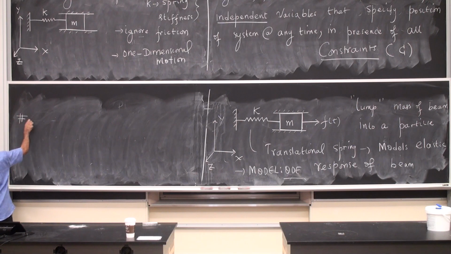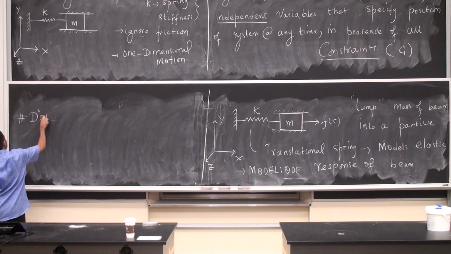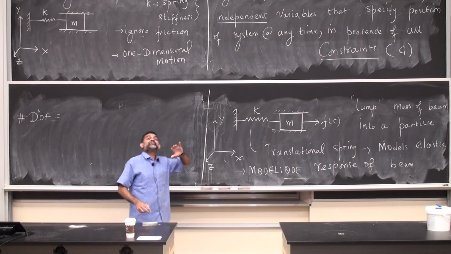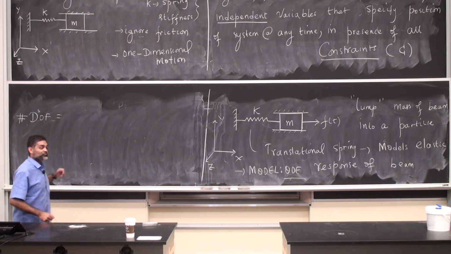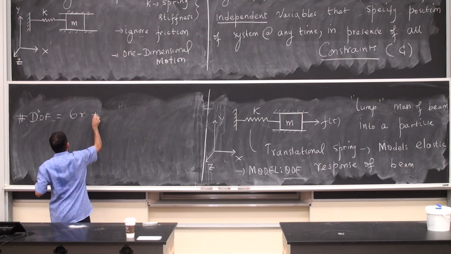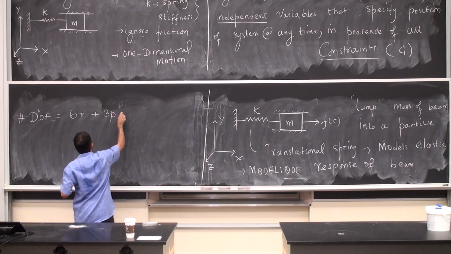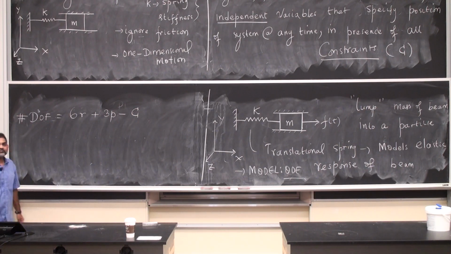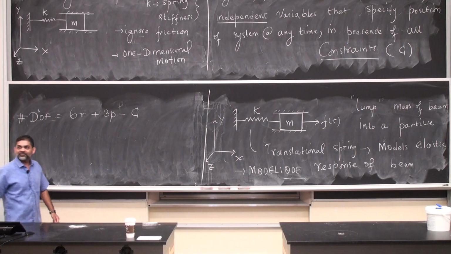The number of degrees of freedom, DOF, D with an S on the top, the subscript meaning degrees of freedom, is 6R plus 3P minus C. It's a strange looking thing.